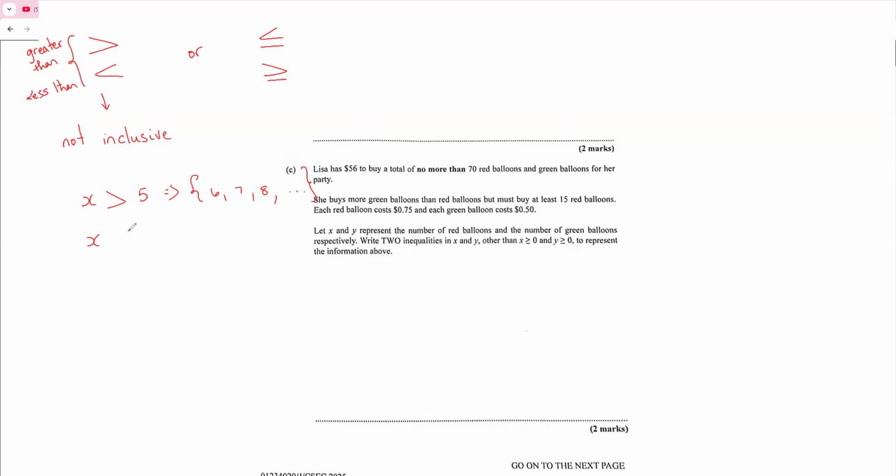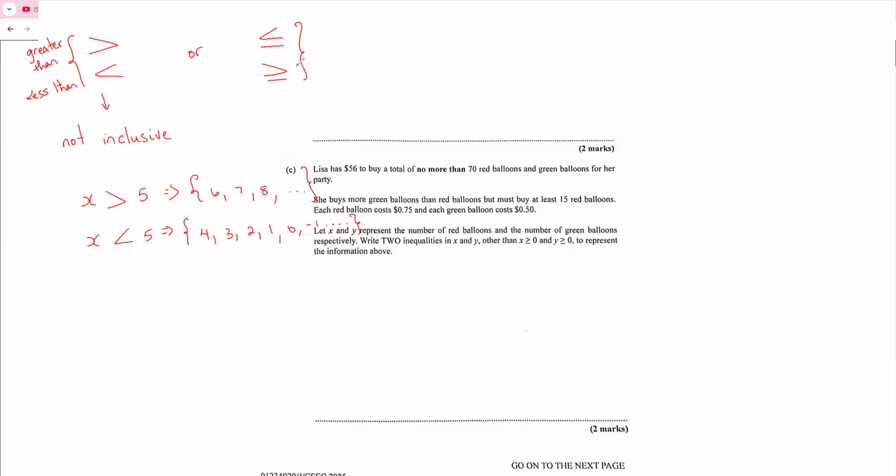If I have X is less than 5, it means the solutions for X could be 4, 3, 2, 1, 0, -1, -2, and so on, all the way to negative infinity. But it does not include 5.